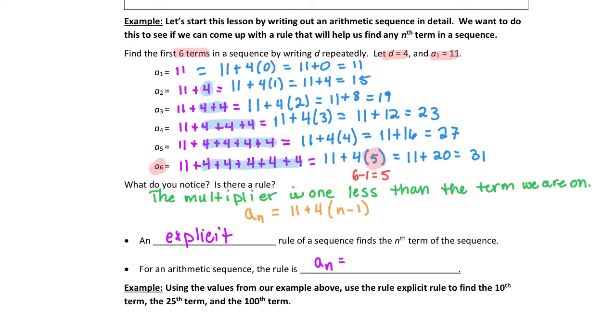So a sub n equals our first term, a sub 1, plus 4 in this example. The 4 in this example was our common difference up here, d. So plus d times n minus 1. And after we do a few more examples, this will make more sense.